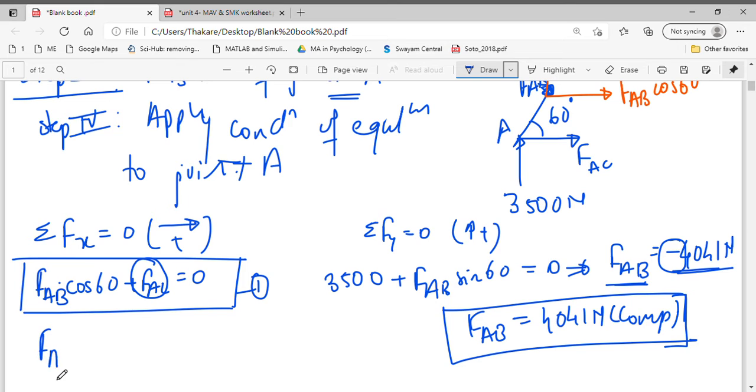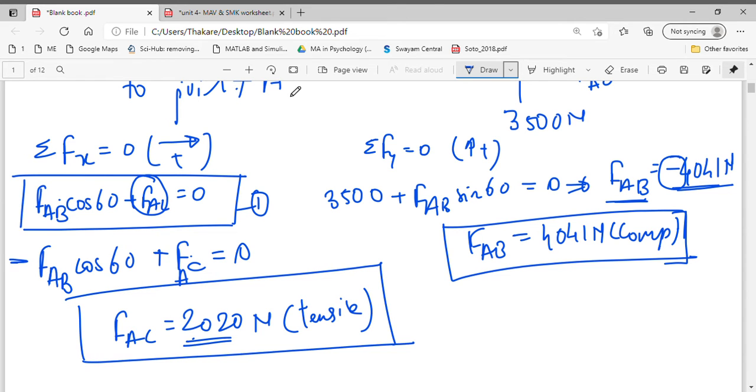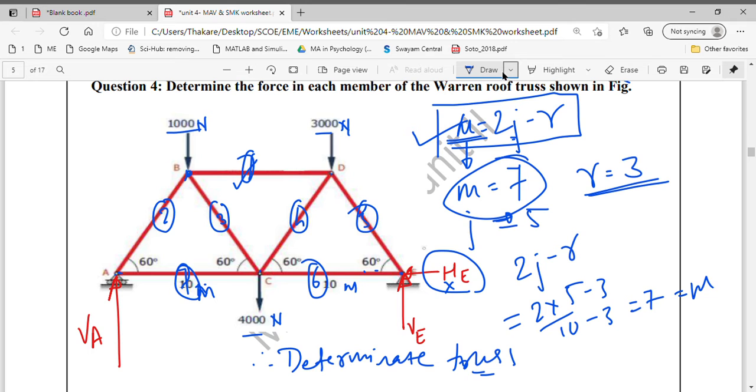From this, you will get minus FAB cos 60 plus FAC equals to 0, and then we will get the value of FAC as 2020 Newton, and since this value is positive, that means it is a tensile force. So this is how you determine the value of member forces.